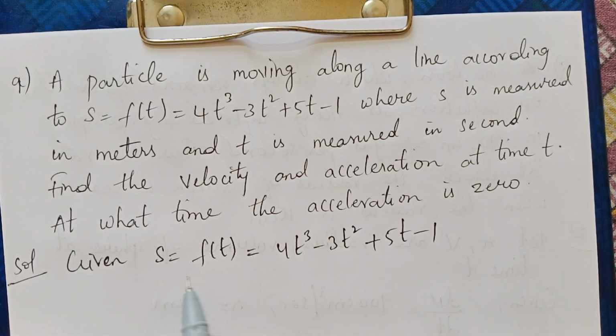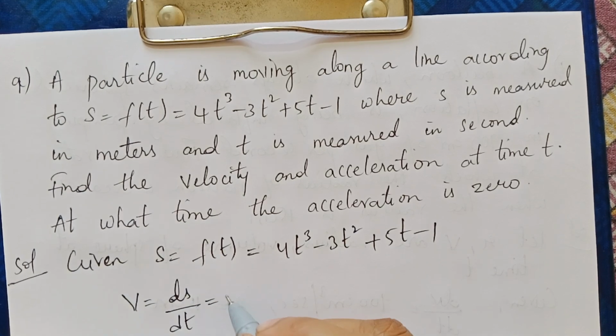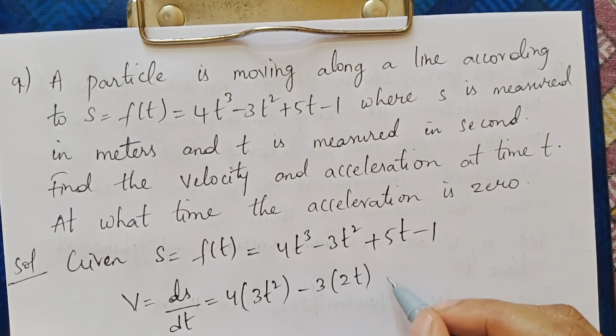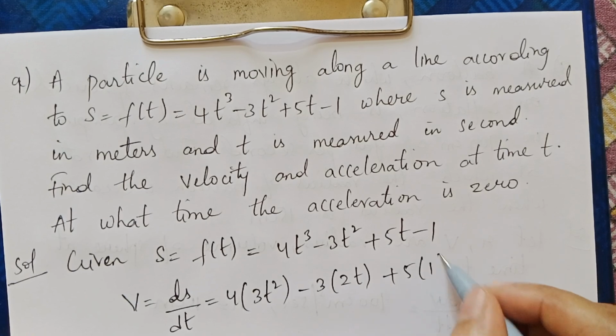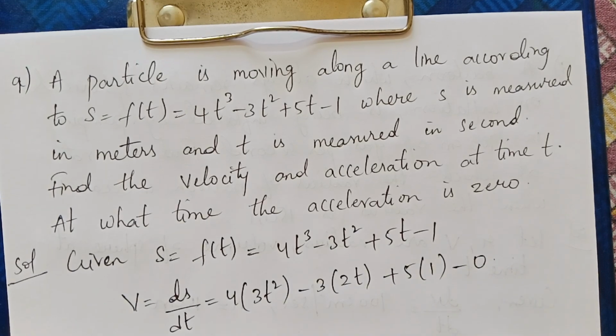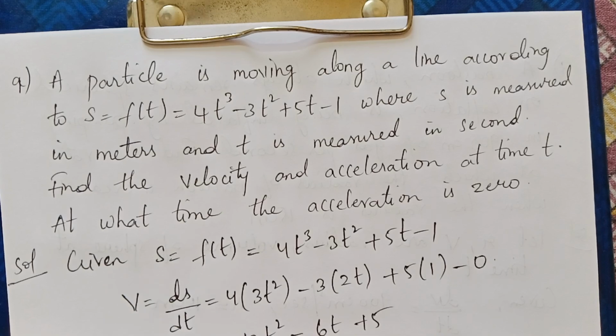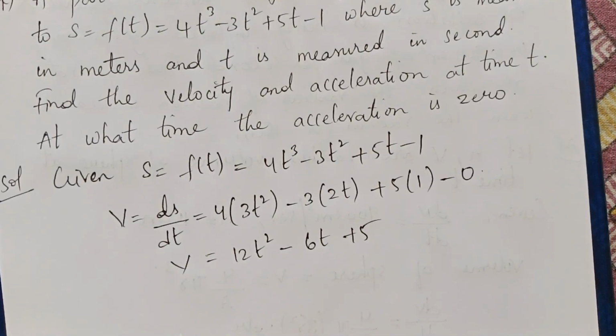If we differentiate this equation, we'll get the velocity v = ds/dt, which is 4 into the derivative of t³, which is 3t², minus 3 into the derivative of t², which is 2t, plus 5 into the derivative of t, which is 1, and the derivative of the constant is 0. So you'll get 4 3s are 12t² minus 3 2s are 6t plus 5, which is nothing but the velocity, which is equal to ds/dt only.